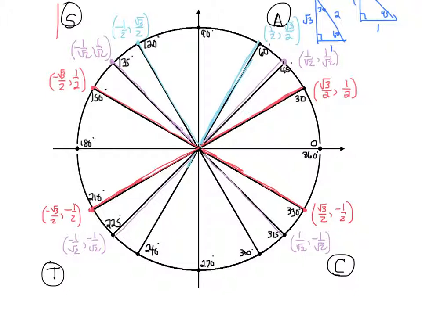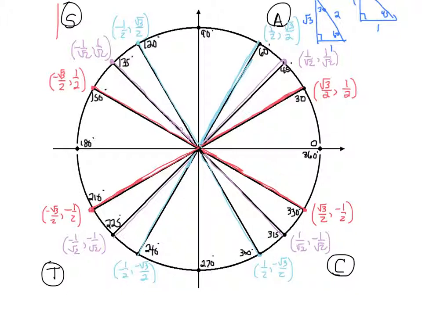At 240 degrees, I will have the point negative 1 over 2, negative root 3 over 2. And at 300 degrees, I will have the point 1 over 2, negative root 3 over 2.